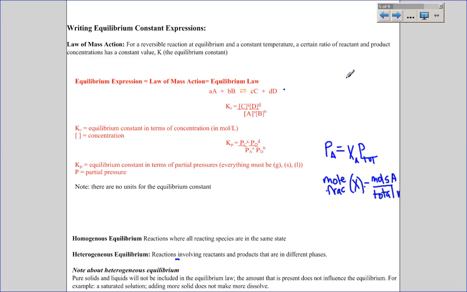In order to use Kp, we usually use it for systems where there is nothing in solution. So things must be gas, solid, or liquid. And we'll do examples in a few moments. Now the other note that you have here is that there are no units for the equilibrium constant.